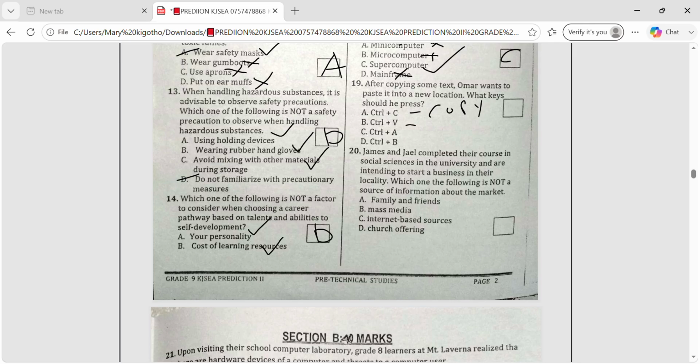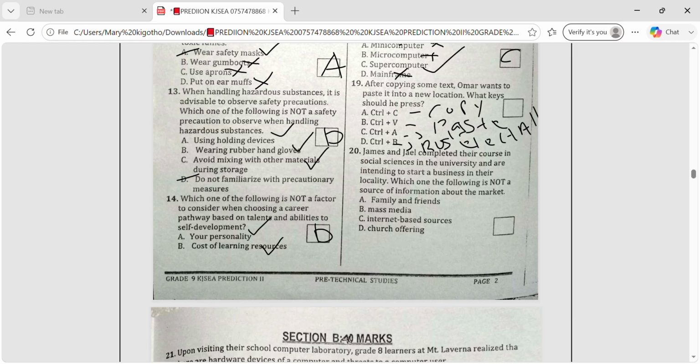Control plus V, that is for paste. Control plus A, that is select all. Control plus B, this is for bold.